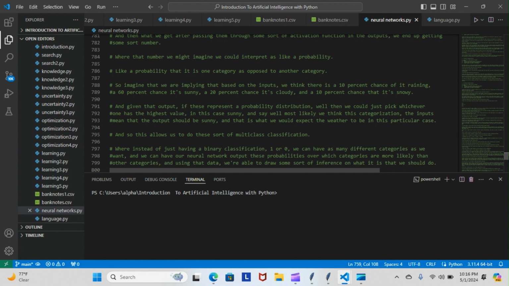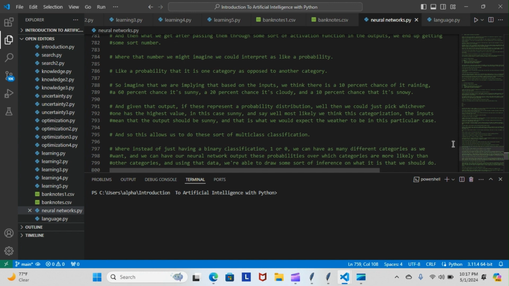So imagine that we are implying that based on the inputs, we think there is a 10% chance of it raining, a 60% chance of it being sunny, a 20% chance it's cloudy, and a 10% chance that it's snowy. And given that output, if these represent a probability distribution, then we could just pick whichever one has the highest value, in this case, sunny, and say most likely the inputs mean that the output should be sunny, and that is what we expect the weather to be in this particular case.